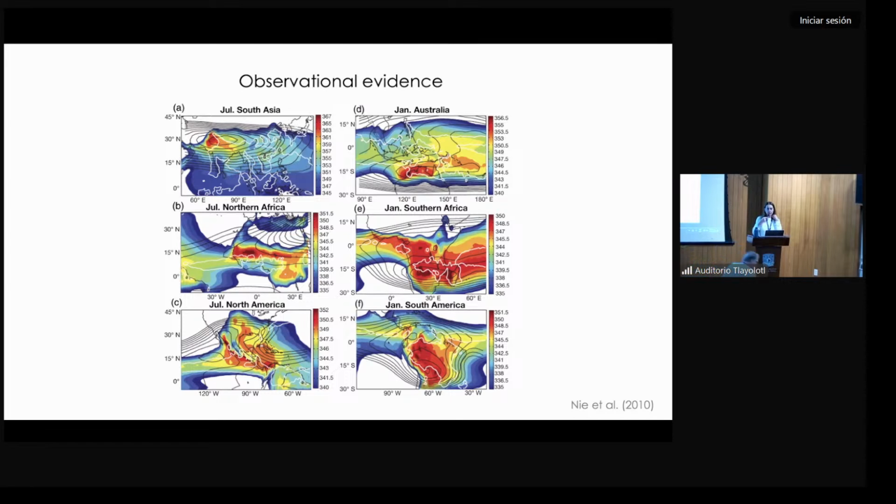I didn't have time to show this for the North American monsoon region, but the extension of the summer rains over the Sierra Madre Occidental and the southwestern United States doesn't have any connection with the cross-equatorial flow. The cross-equatorial flow and this Hadley cell remain confined over the Eastern Pacific ITCZ.